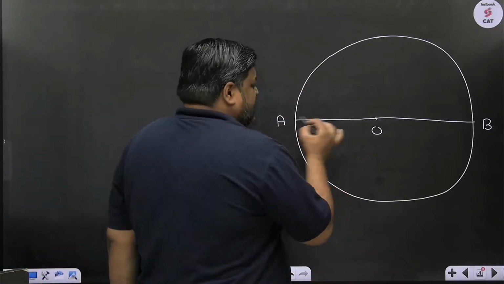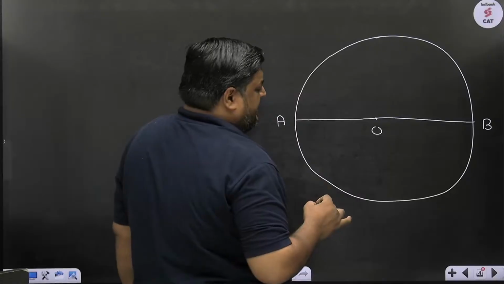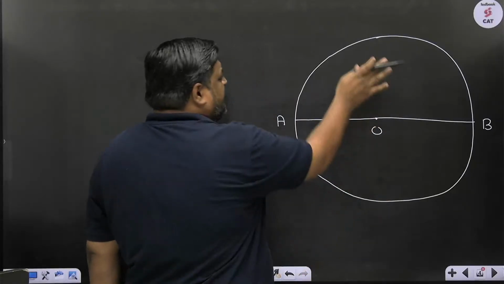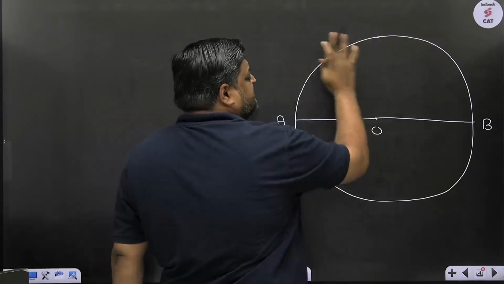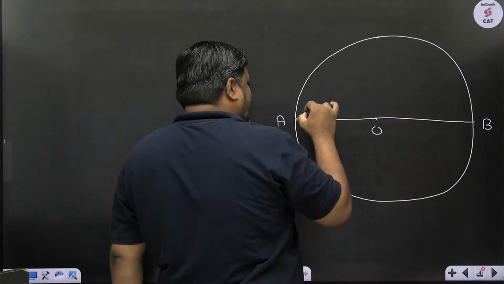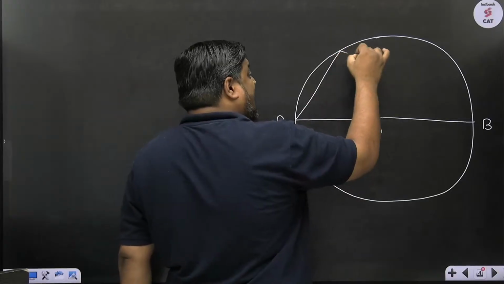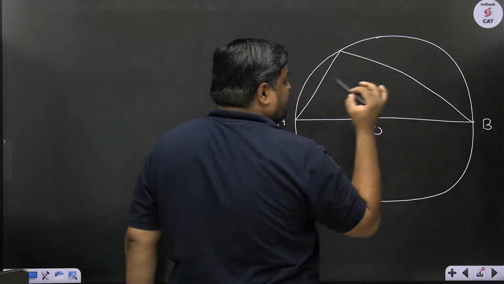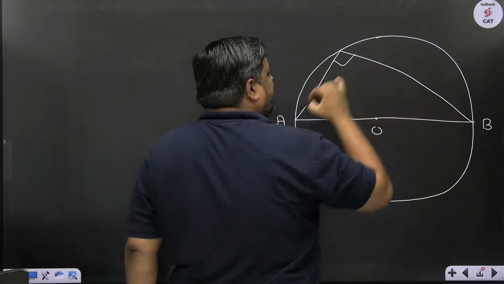चलो देखो, this is a diameter. Okay. So ऊपर का half क्या है? This is a semicircle. Now if you draw any angle in the semicircle, on the arc, बीच में नहीं, on the arc, that angle would be 90 degree.